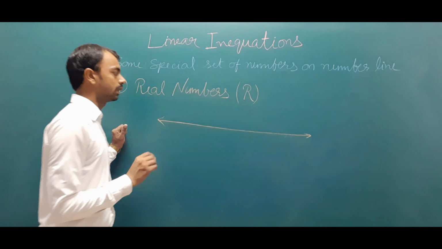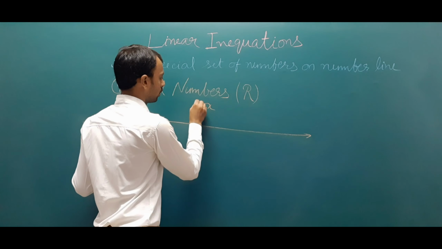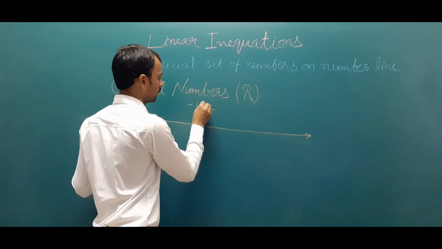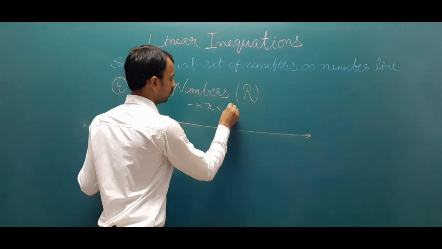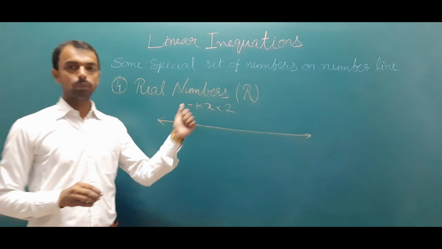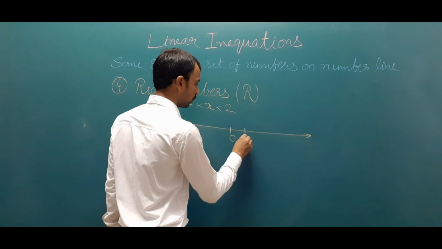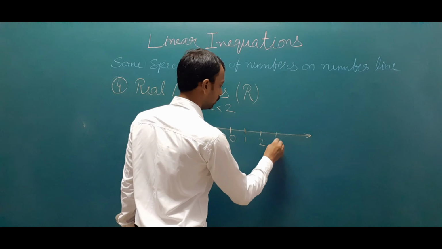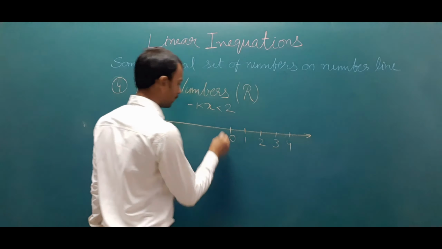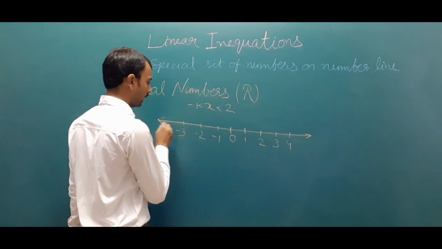Suppose our solution set is x from -1 to 2. So 0, 1, 2, 3, 4, here -1, -2, -3, etc.